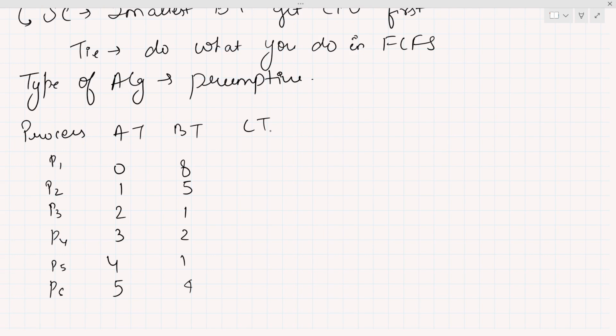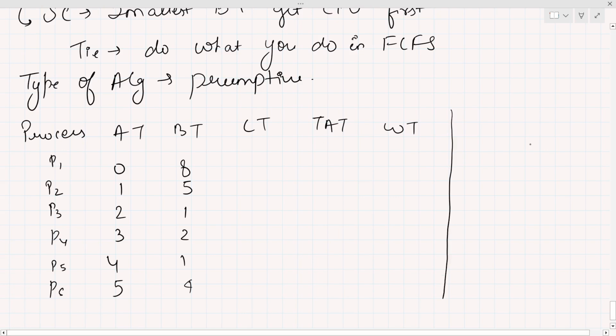For that we have to find the completion time, the turnaround time, and the waiting time. To solve this question you have to make a rough block as well, because we have to do so many operations here. We have to do subtraction many times, because switching between processes takes place, since it's a preemptive algorithm.